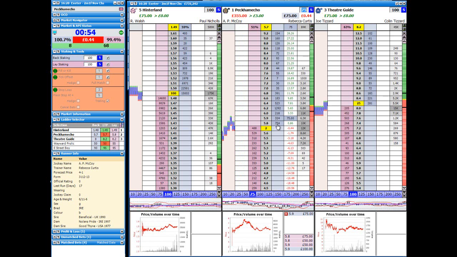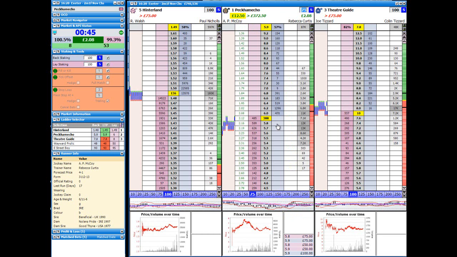I've gone in very quickly again. It perhaps looked a little bit random, but the weight of money on both sides was hovering for quite a while at about 50% on each. So it's just a simple question of putting a lay and back in on either side at the same time.